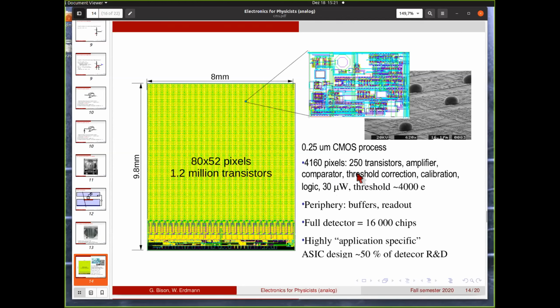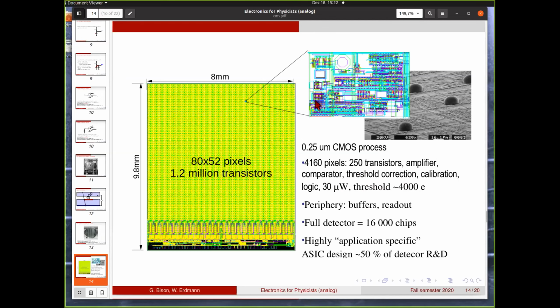One needs threshold corrections for these comparators because in microelectronics you always have to fight variations from transistor to transistor, and if it's not possible to make everything big such that these variations become small by averaging out, then you have to be able to correct every single transistor, every single amplifier by applying threshold corrections.